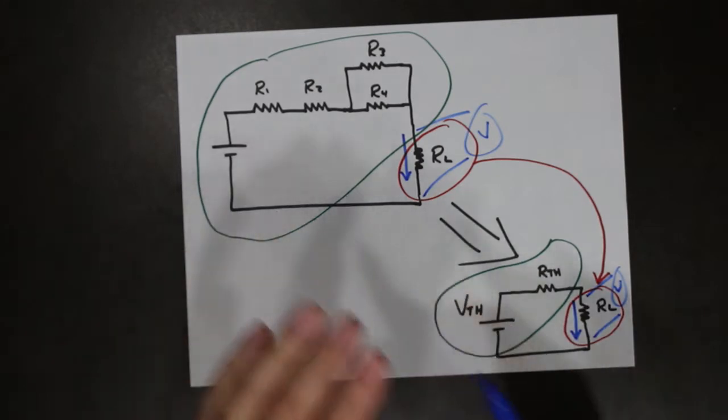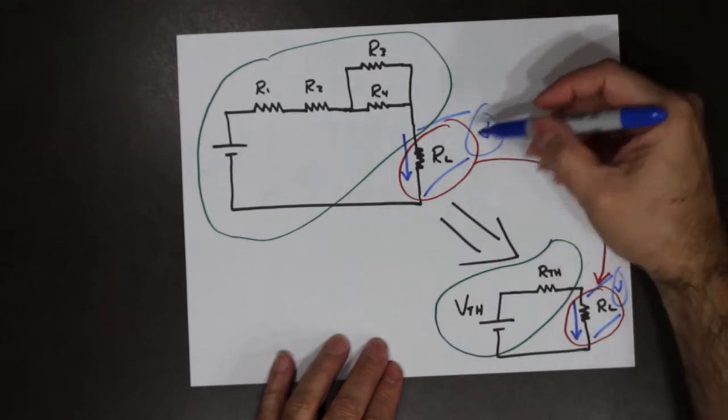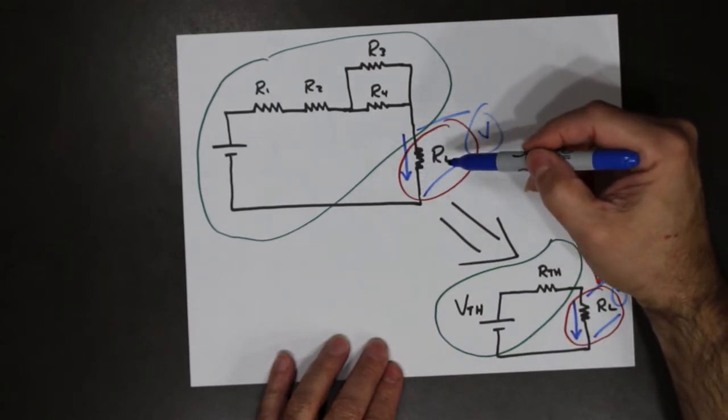So in order for these two circuits to be equal, we are focusing on the load resistor. So that is our point of focus.